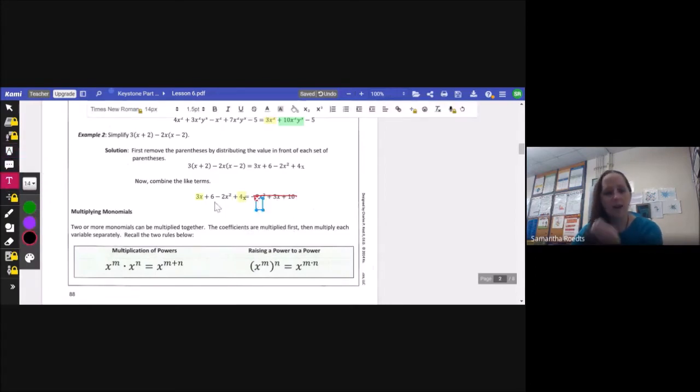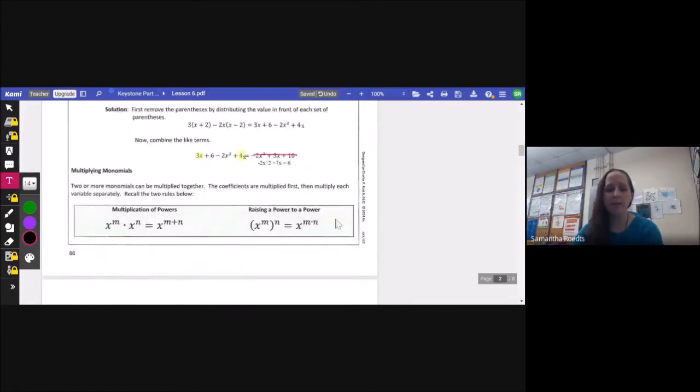Okay, so I have negative 2x squared, 4x plus 3x is 7x, and then plus 6. So that's my final answer, negative 2x squared plus 7x plus 6.